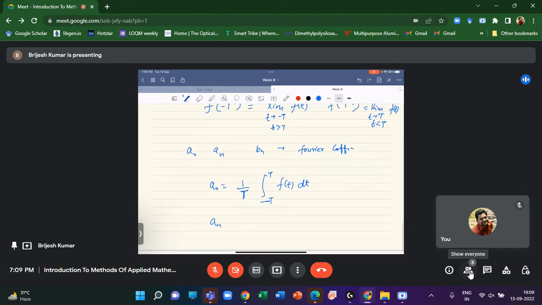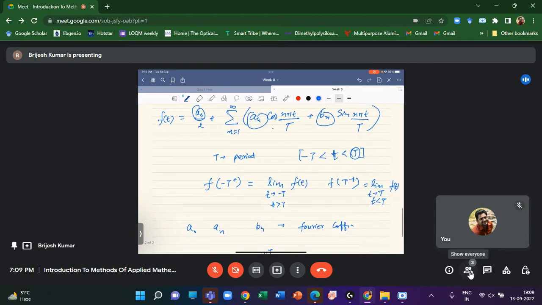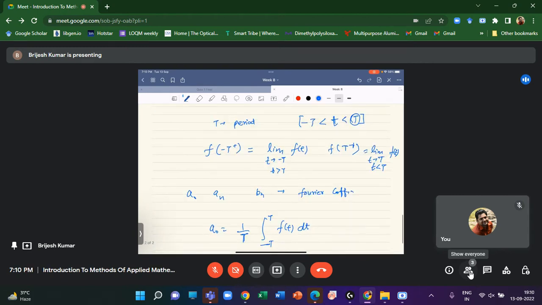And the an will be defined as a time average, minus T to T of f(t). This an is the coefficient of the cos term. Okay, so it is defined as, sorry, not dt, cos(n pi t upon T).